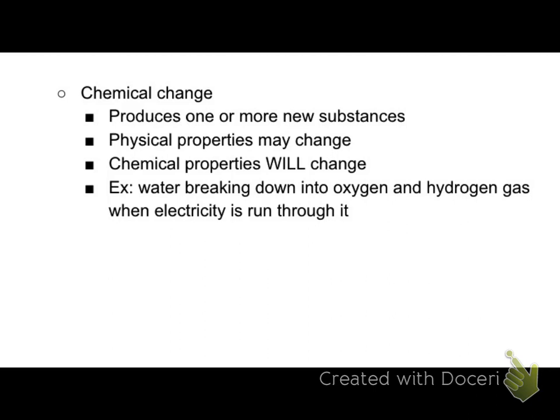If I try to put a match to water, it will extinguish the match. However, oxygen and hydrogen gas are both flammable. So you can see that at the end of this change, going from being water to being gases, we have new substances, and we can tell that they are new substances because they have different chemical properties.